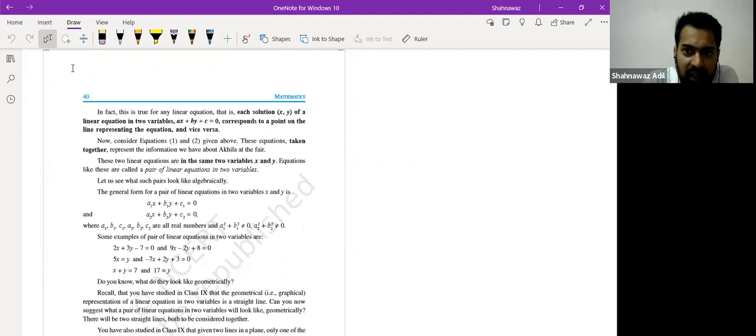As I asked Rizwan and Talha, why do we need a pair of linear equations? And they gave me the answer right away. There are two unknowns, so why do you need a pair of linear equations to solve these two unknowns?